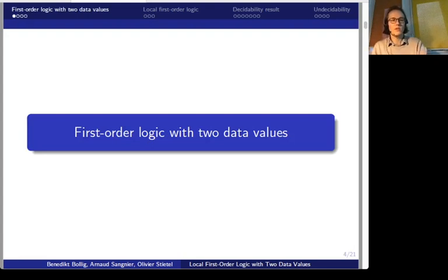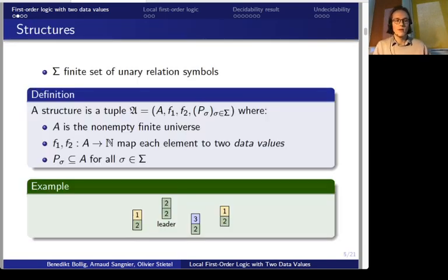For the specification, we will define first-order logic with 2 data values. First we talk about the structure. It is parameterized with sigma, a finite set of unary symbols. The structure will be a set A, which will be finite. This is important because we do finite model theory.